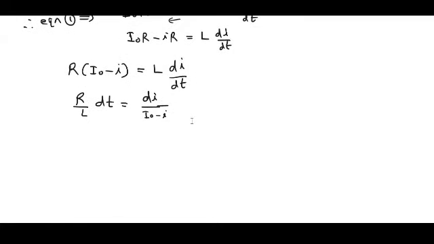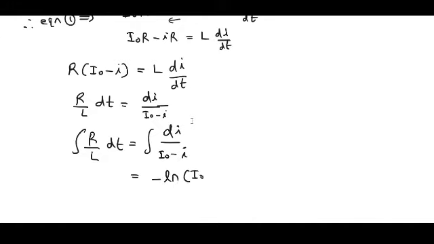Then if I do the integration on both sides, the integration of di by (I0 minus I) will give minus natural log (I0 minus I), equal to R by L, integration of dt will be t plus c, where c is the constant of integration.